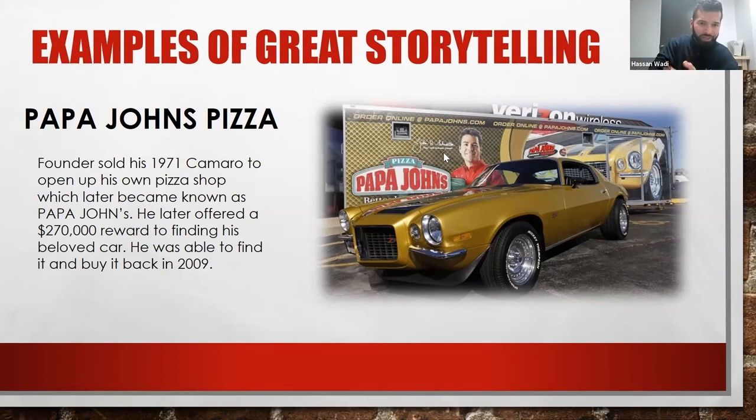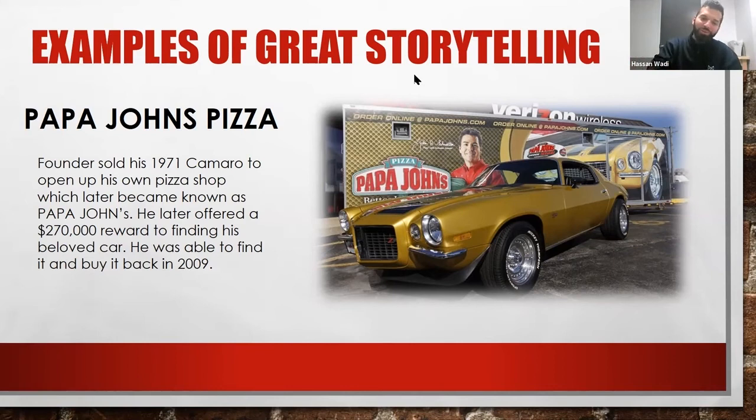It was a 1971 Camaro, right? Camaro, not a Mustang. Sorry, I'm mixing up cars, guys. You see here, Camaro, right? He sold it to open up his pizza shop, and that's how bad he wanted to open the pizza shop. And then years later, when that pizza shop became a multi-million-dollar business, what did he do? He bought that car back.